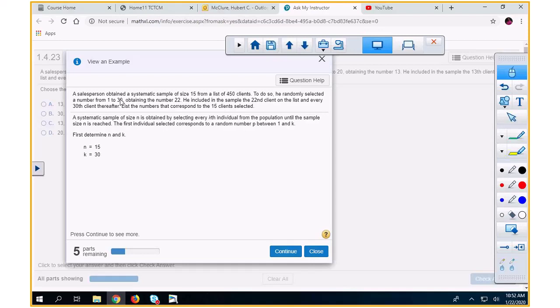So in this case, it would be 30. K is the random number, 30. Capiche? P is right there, 22, the 22nd client, right there. 22 is P.